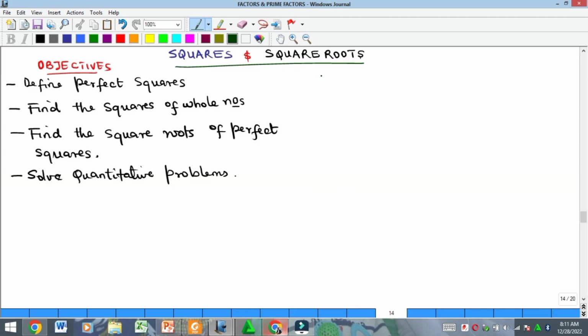For instance, if I have 2 times 2, I am going to get 4, and so 4 is a perfect square of 2. 1 by 1 is equal to 1, so 1 is a perfect square of 1. And so on. 3 by 3 is equal to 9, so 9 is the perfect square of 3, right?